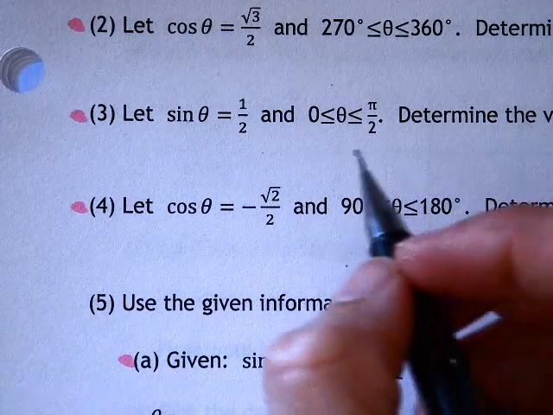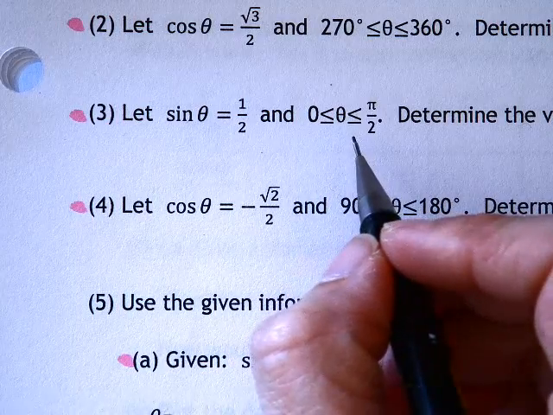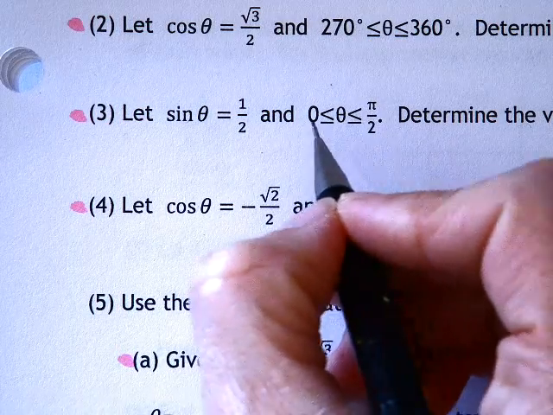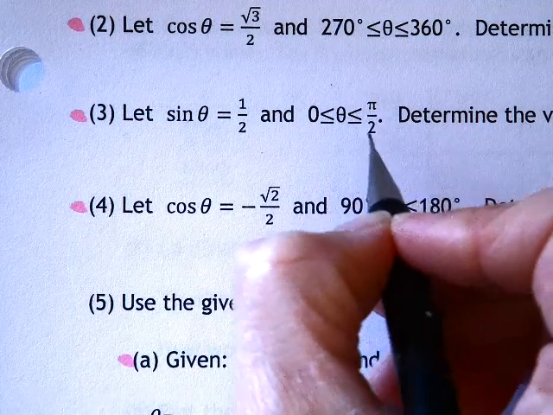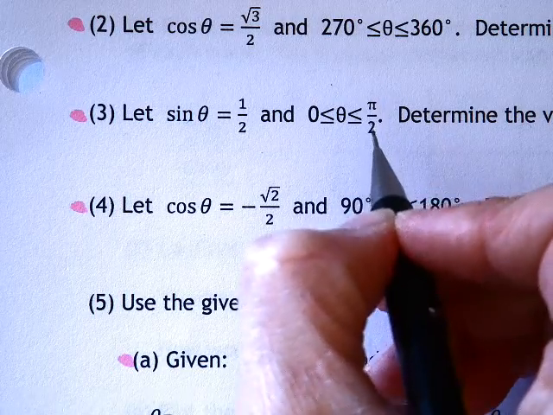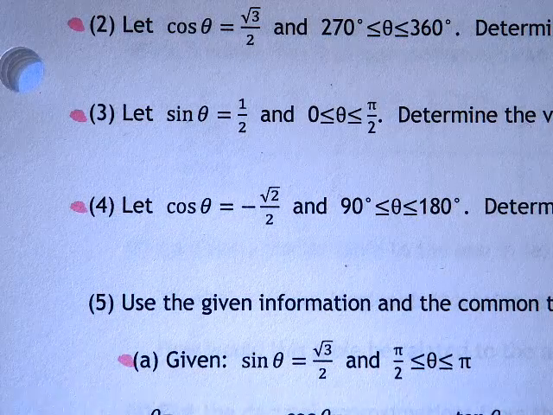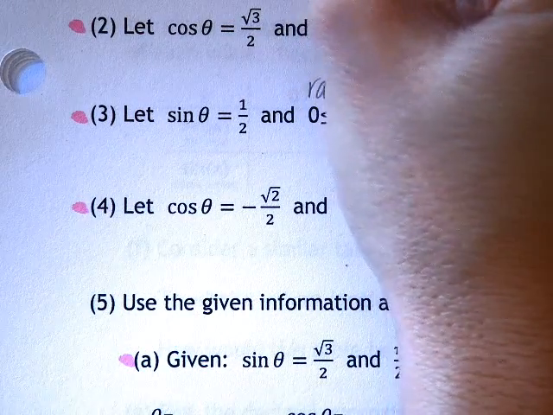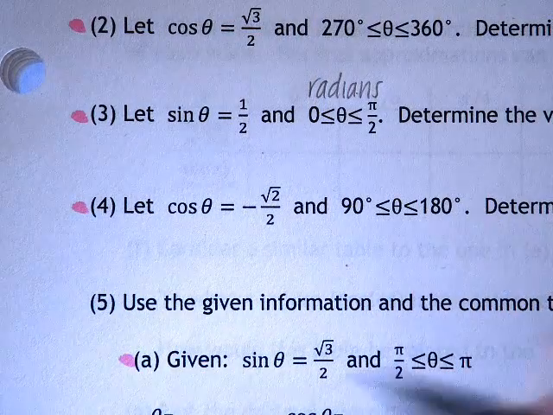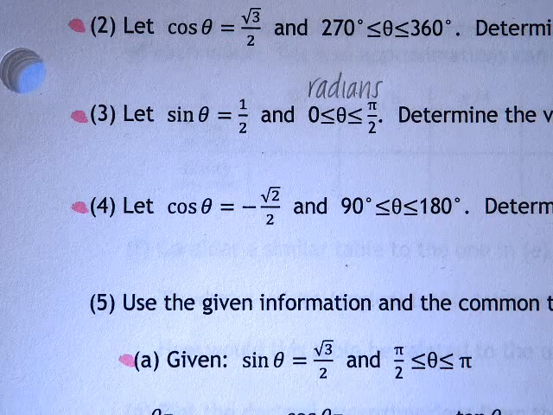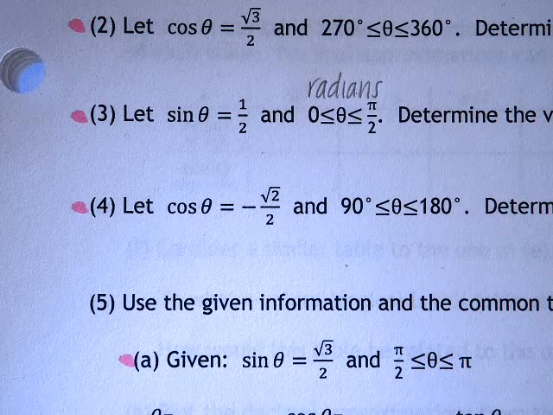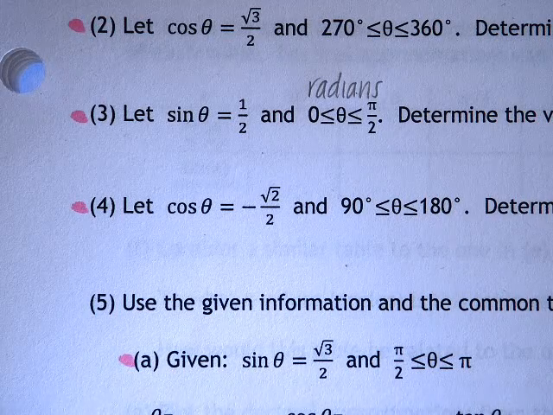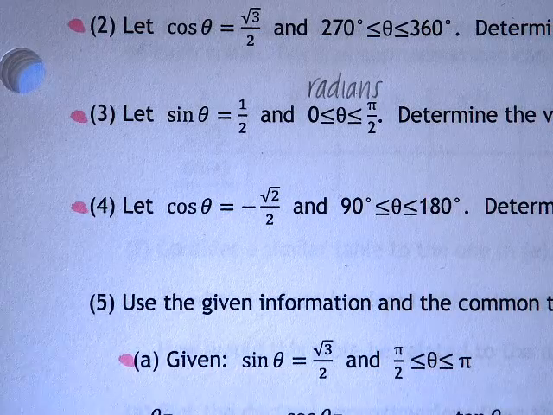Now, the second clue is the interesting part. The first thing I'm noticing about this thing is that it's got a pi over 2. Pi over 2 is clearly a radian measure, so this is giving me a hint that the answer I'm looking for must be in radians. And that's a really big clue about what we're going to write in the answer space. In question number 1, it told you underneath the answer blank what units to use.